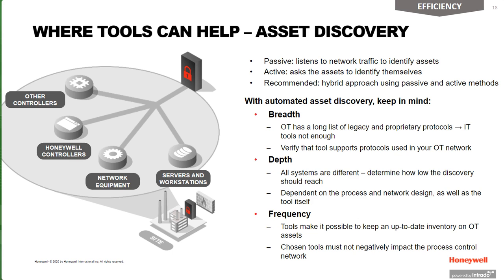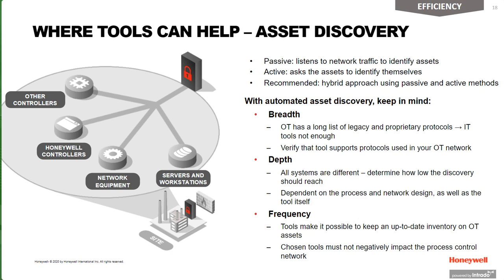The first one is passive asset discovery, where you just sit on the network and look at the communication protocols, the packets that go back and forth, and based on that, you say, okay, I know that one is a Rockwell PLC or a Siemens PLC.